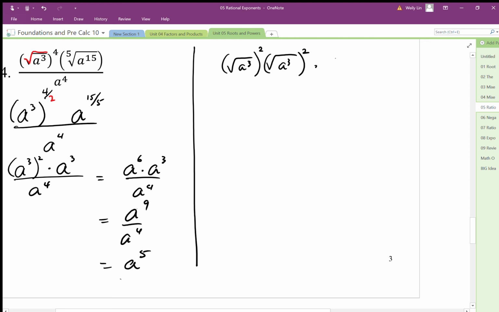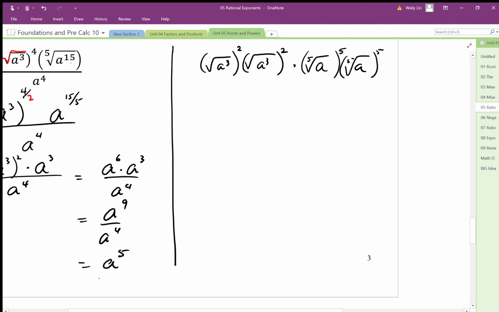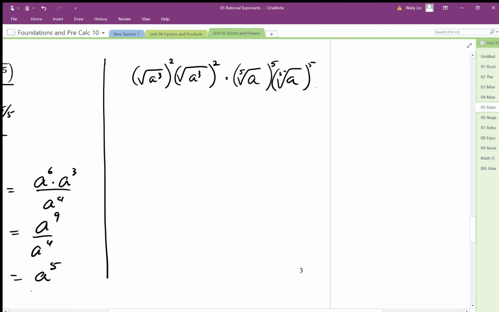Here I'm going to end up with fifth root to the power 5, fifth root to the power 5, and to make the power 15, I need to have fifth root power 5 again.